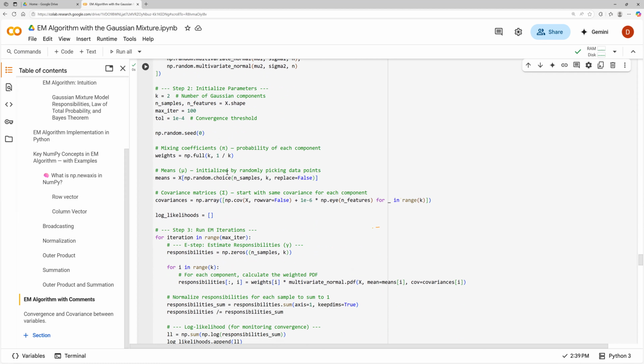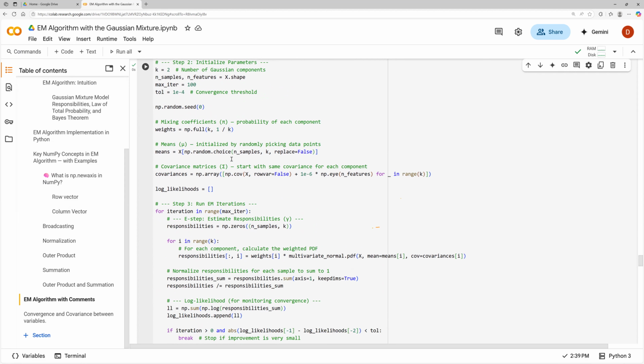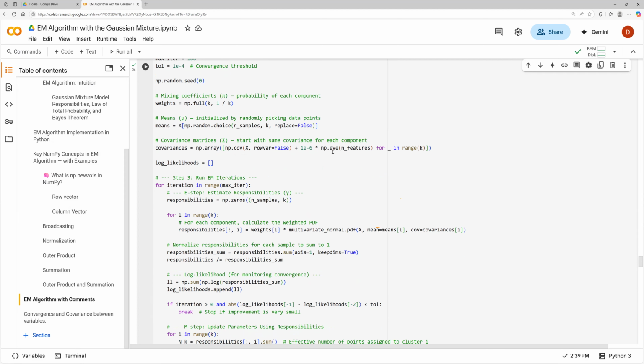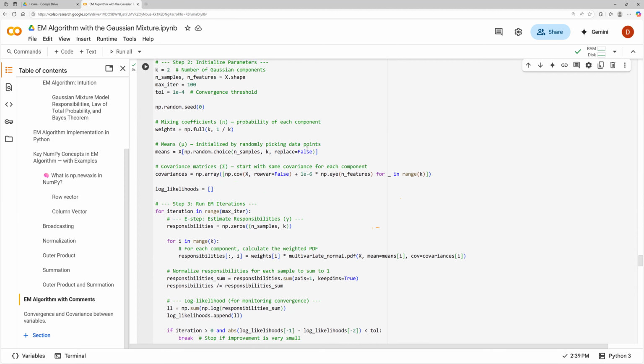some number from X. And then we take the covariance matrix, and we add a little noise to it. If you saw my earlier video on introduction to the EM algorithm with missing data, we saw the whole issue that could occur if the rows or the columns are dependent.